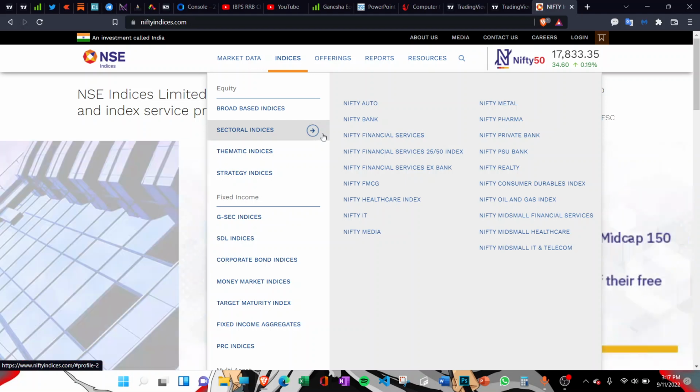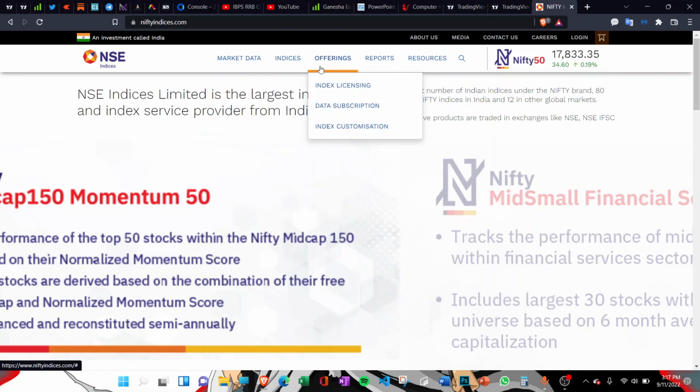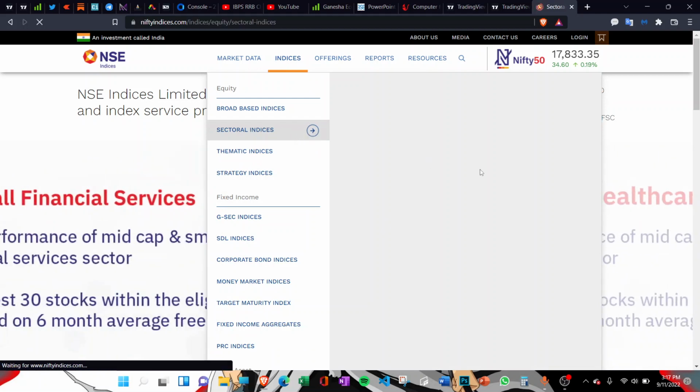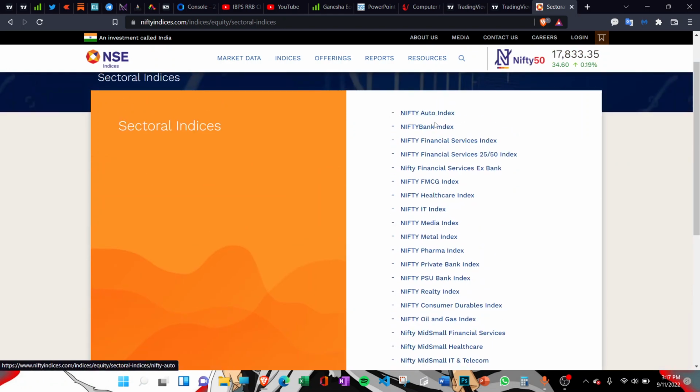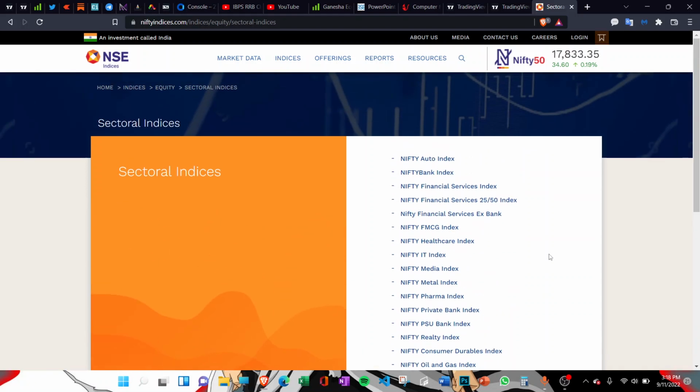And then we have the Nifty Bank, Financial Services, which includes your insurers and your brokers as well, and then FMCG, healthcare, IT, media, metal, pharma, private bank, PSU banks, realty, consumer durables, oil and gas, mid small financial, healthcare, and IT and telecom.